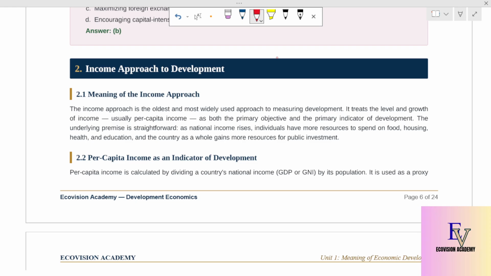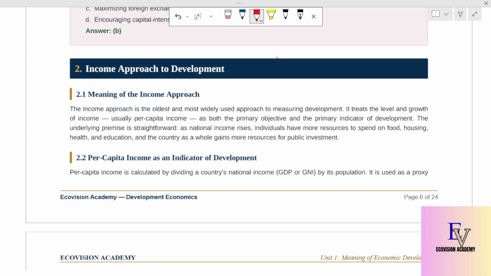The income approach gives us the growth of income or the level of income. Generally, I already talked about per capita income to measure economic development. It uses growth or level of income or per capita income to measure economic development.